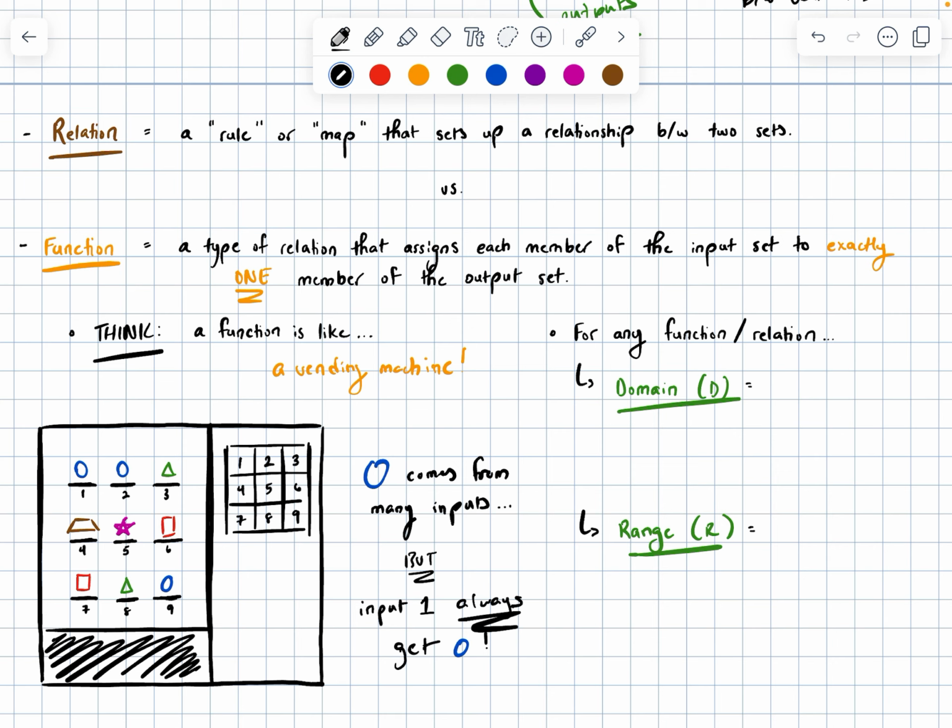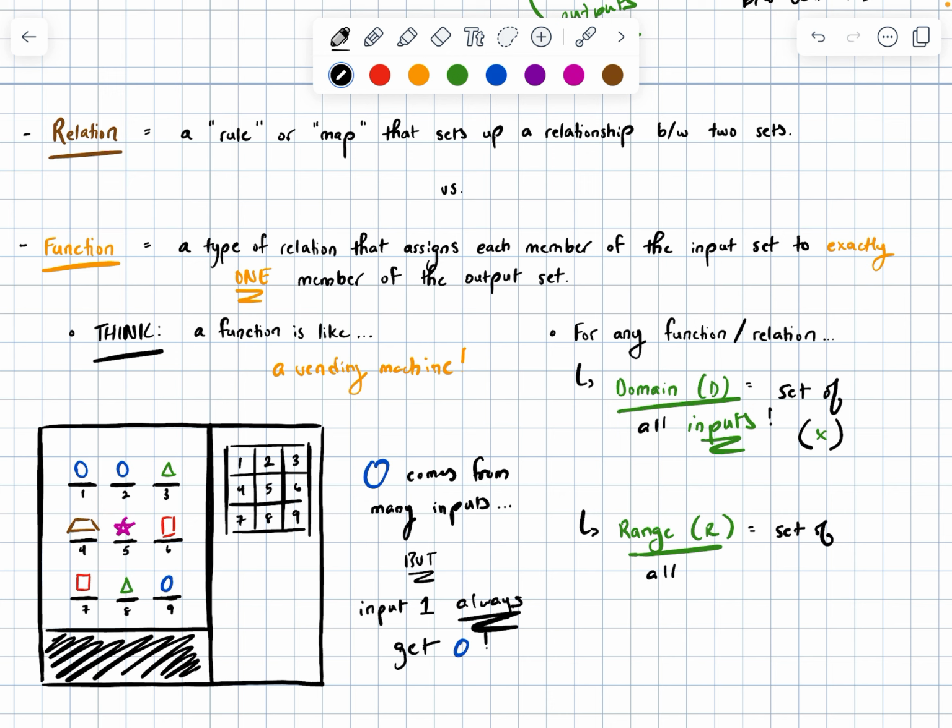Now, for any function or relation, there are specific words that we use to describe those inputs and outputs, and we actually borrow some terminology from our graphing. Domain, we formerly used to represent values of x. Here, domain, if we think of the x as our inputs, is the set of all of my input values, usually represented by the variable x.